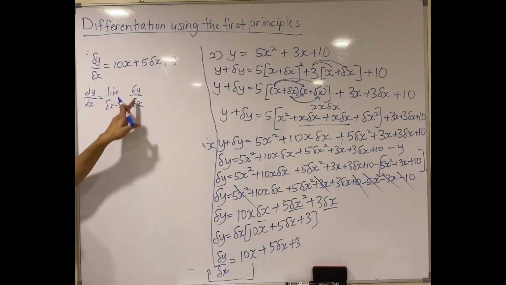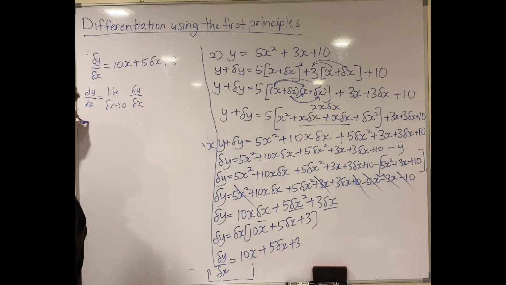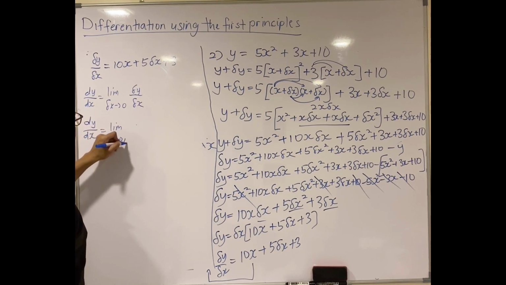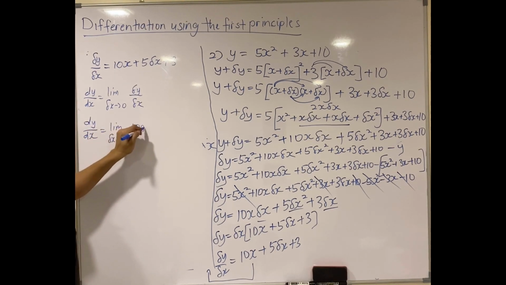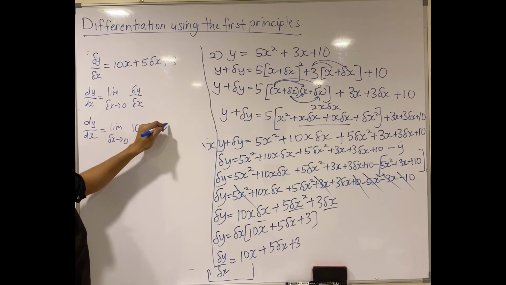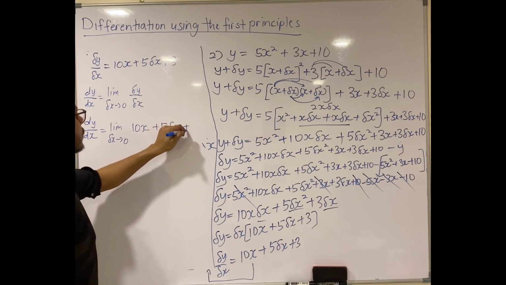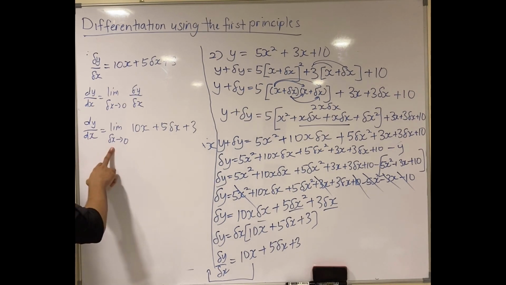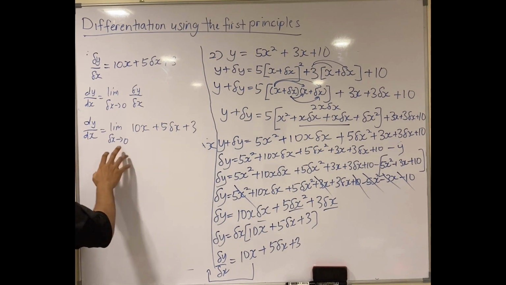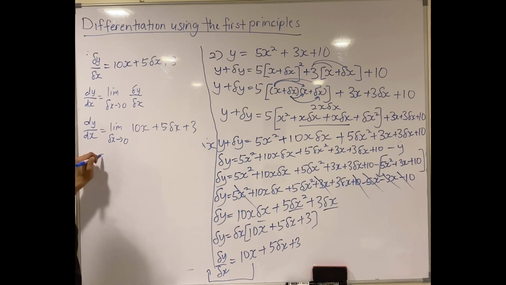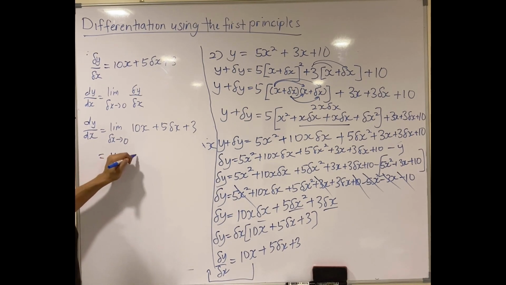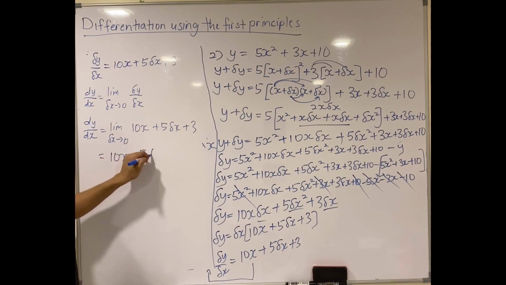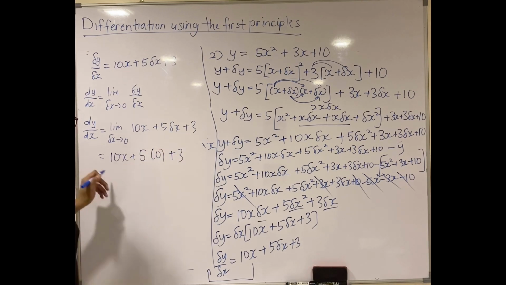Now we know delta y over delta x is this, just substitute that inside. So, I've told you before, whatever the variable is, if it's a whole number, just substitute that whole number into it. So here, delta x, I'm going to substitute 0. So what is the final answer?